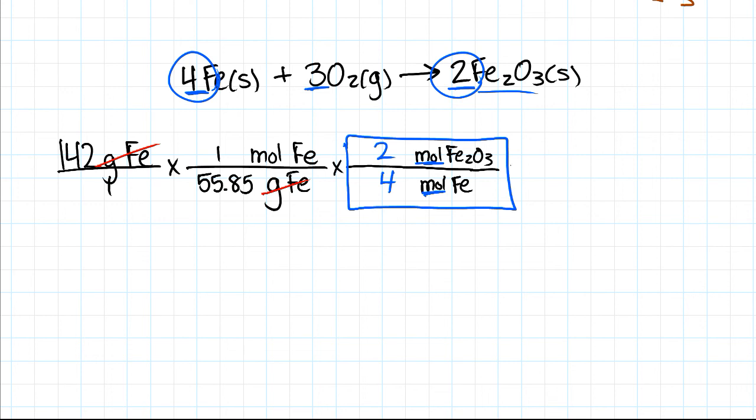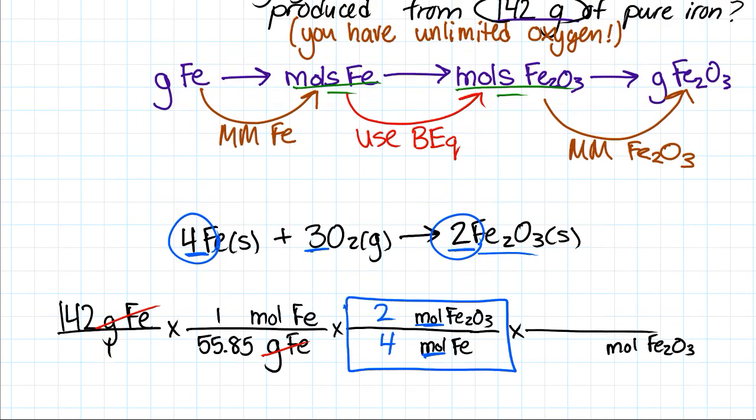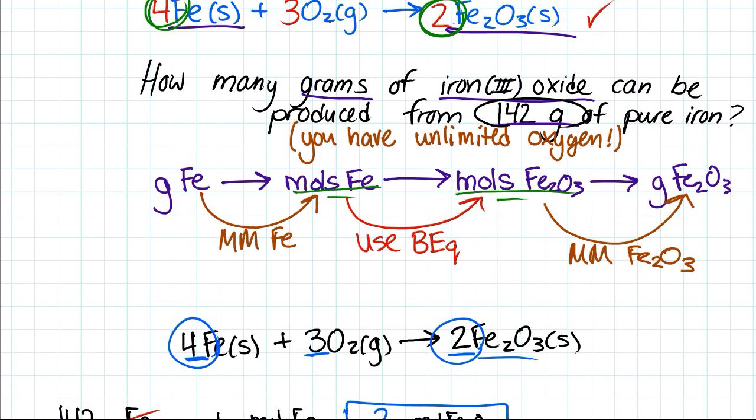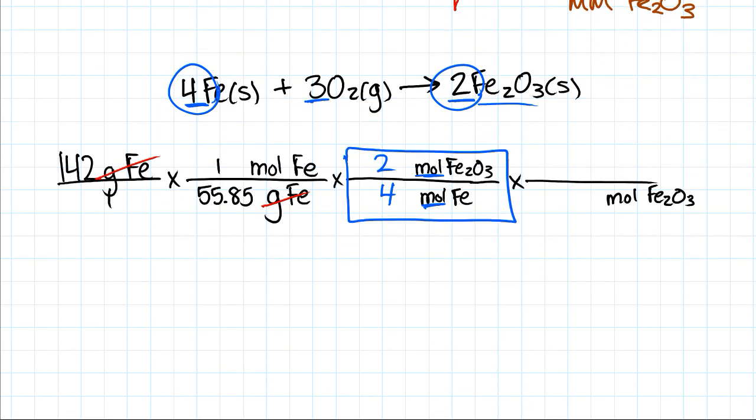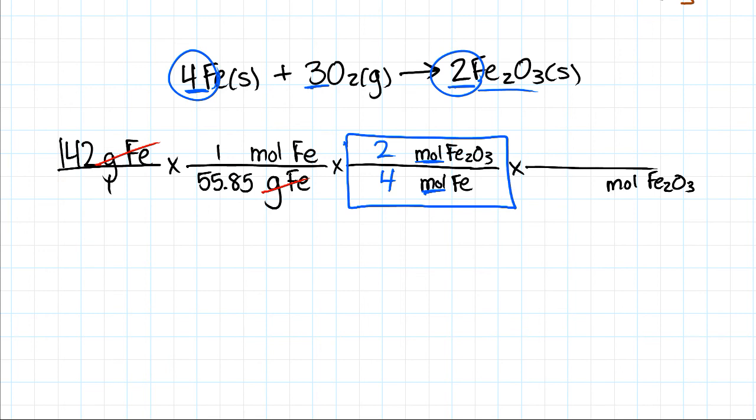The last step in our conversion tree is to get rid of moles of iron 3 oxide, because the question doesn't ask us for moles of iron 3 oxide, it asks us for grams of iron 3 oxide. And we're familiar with the fact that if we're given moles, we can go to anything.